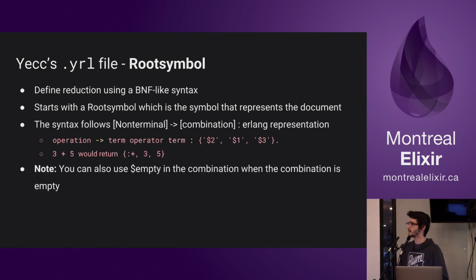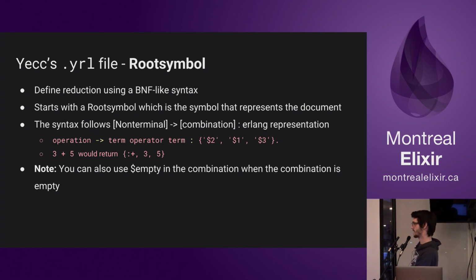And then you have the root symbol part, where you define, as I said, the root symbol and all the reductions in a BNF-like syntax. For those who are not familiar with syntax analysis, maybe BNF tells you nothing. It's actually a way of writing reductions of non-terminals into terminals. It follows approximately this syntax.